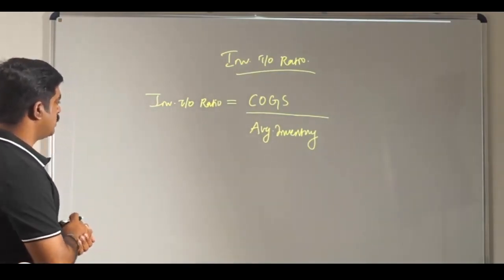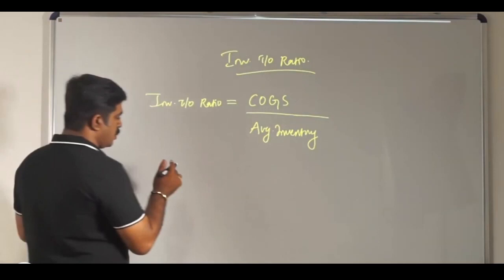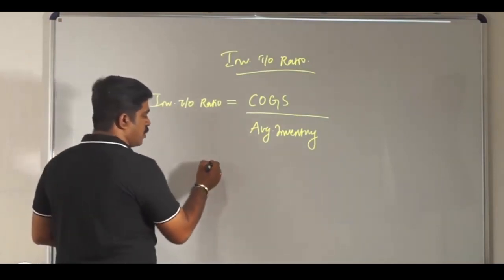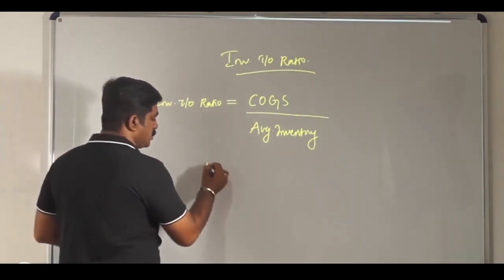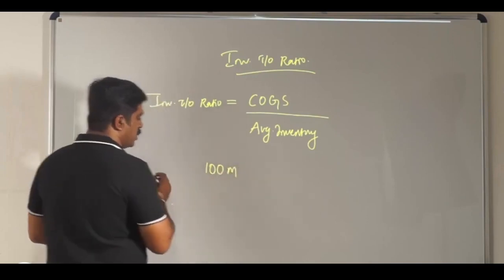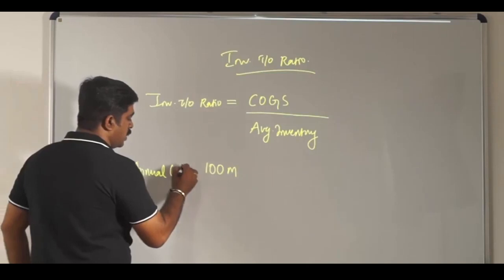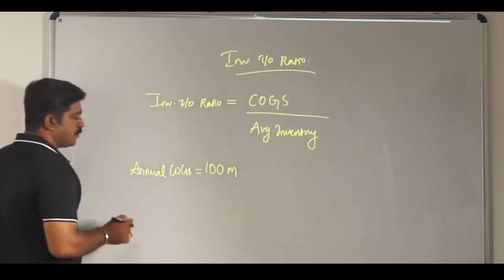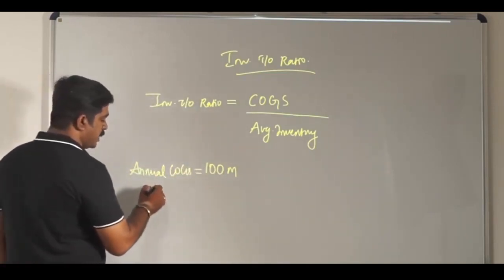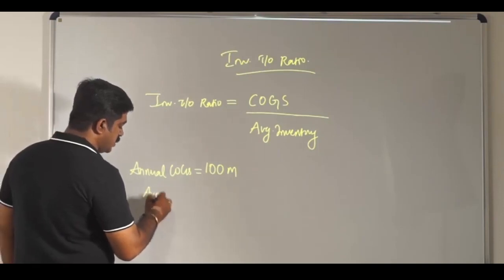To understand, let's say the cost of goods sold for a company is something like 100 million. Now this is annual cost of goods sold. Annual cost of goods sold is 100 million. And the company keeps an average inventory.